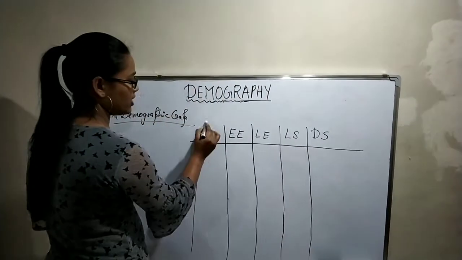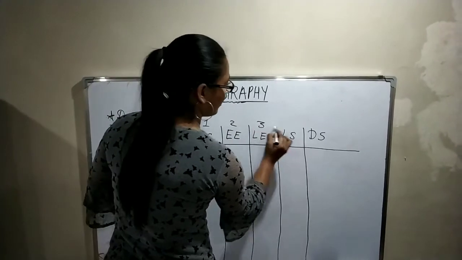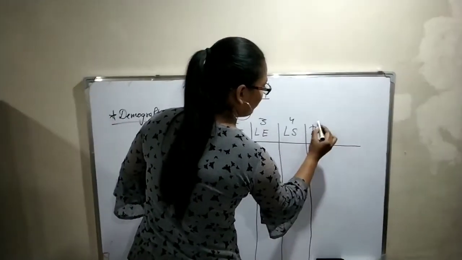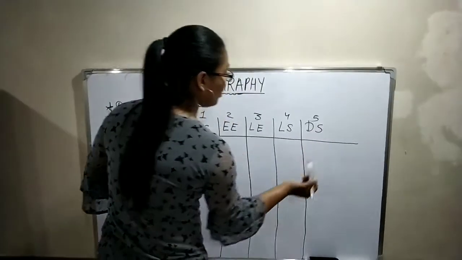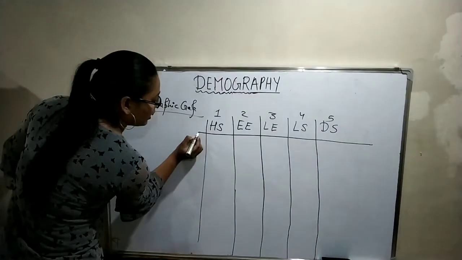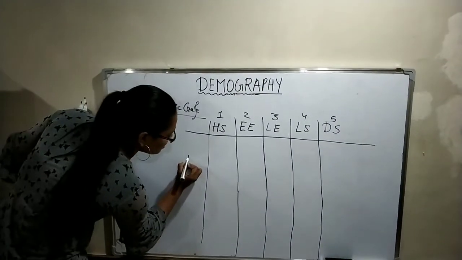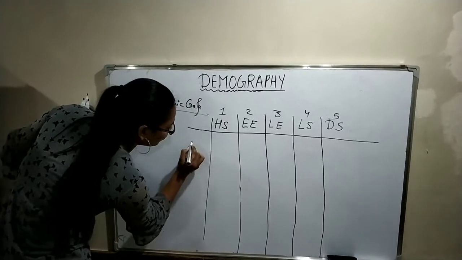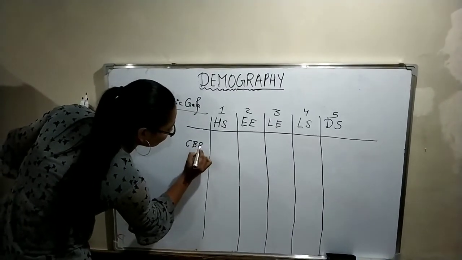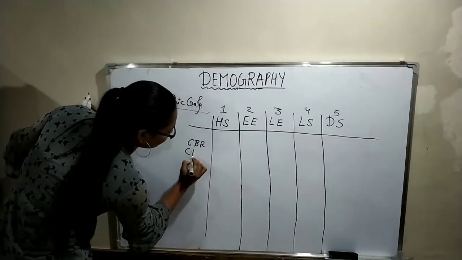These are the 5 stages we have studied a few minutes before. Here we will make a graph of crude birth rate and crude death rate.